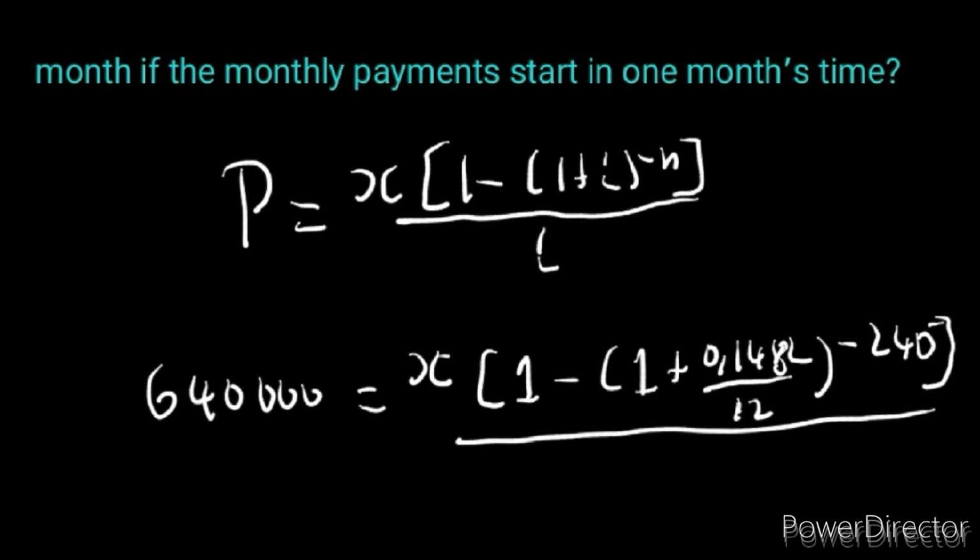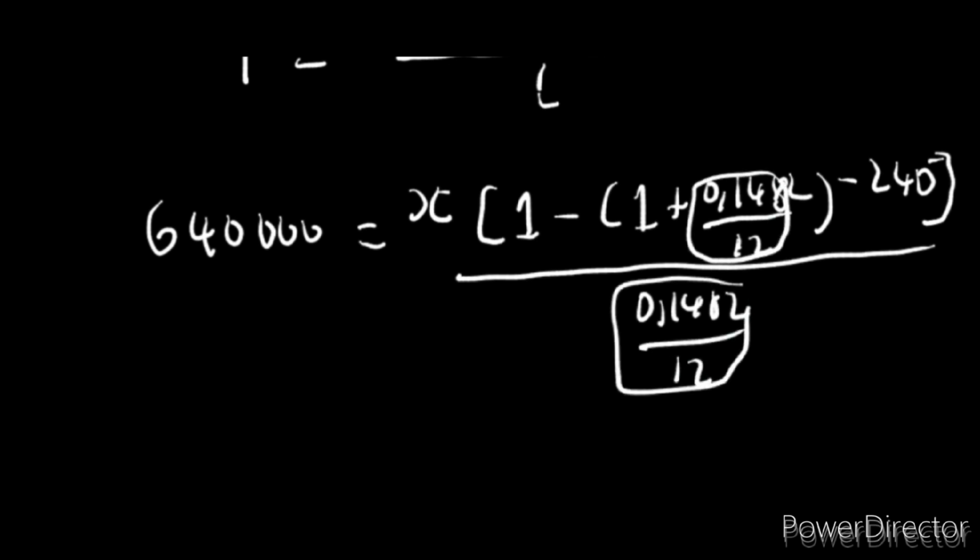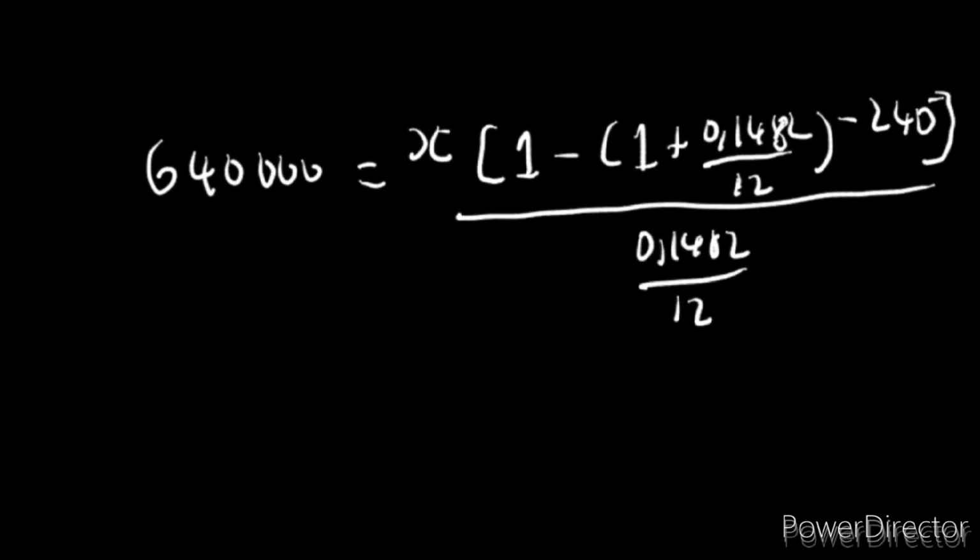Then we're going to say divided by 0.1482 divided by 12. Remember, it should be the same. Now we have to solve for x. Every time you're solving for x, my advice is to multiply these two first, so you have 640,000 times 0.1482 over 12.